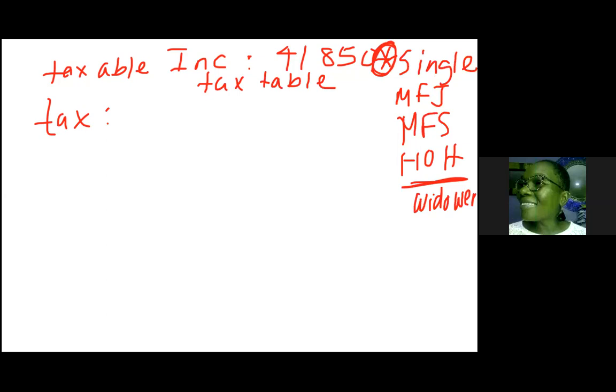Okay, guys, teaching online may not be the most feasible way of teaching this. So what I'm going to do is pause this and go to the book, to the assignment, so I can continue with this problem because I need the tax table.